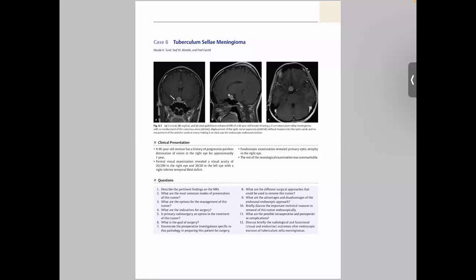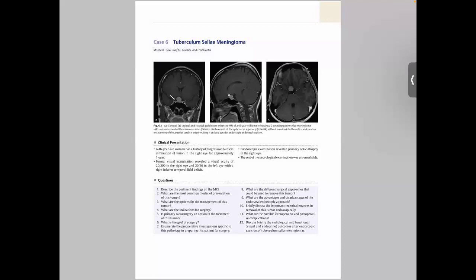Then as the tumor grows bigger and extends posteriorly, you'll have the visual deficits coming in, and then the tuberculum sellae meningioma will give you those symptoms the other way around. Because it starts from the side of the optic apparatus, you have visual deficits first. As it grows bigger and anteriorly, then the olfaction will be affected.